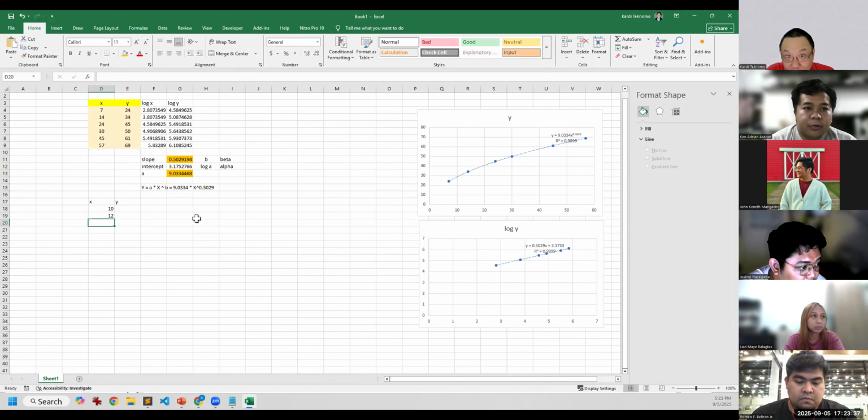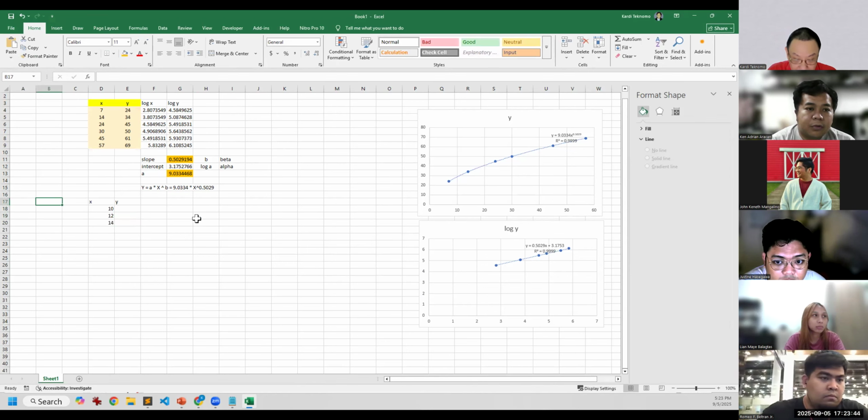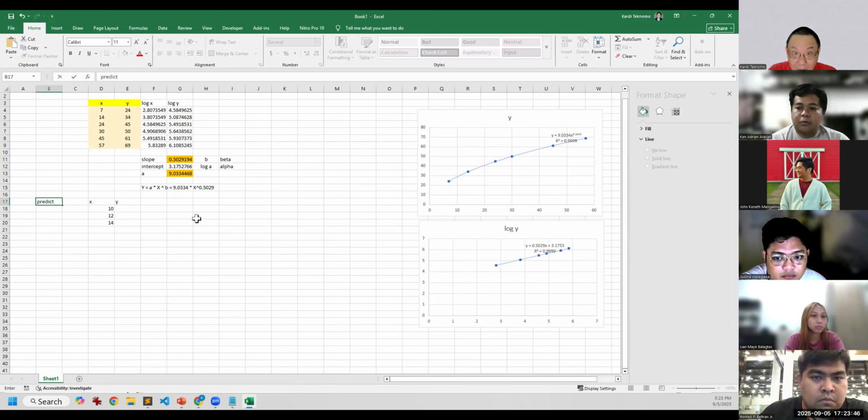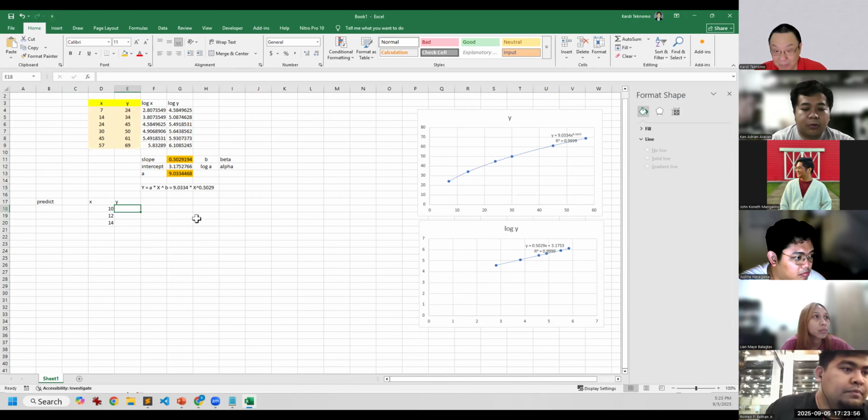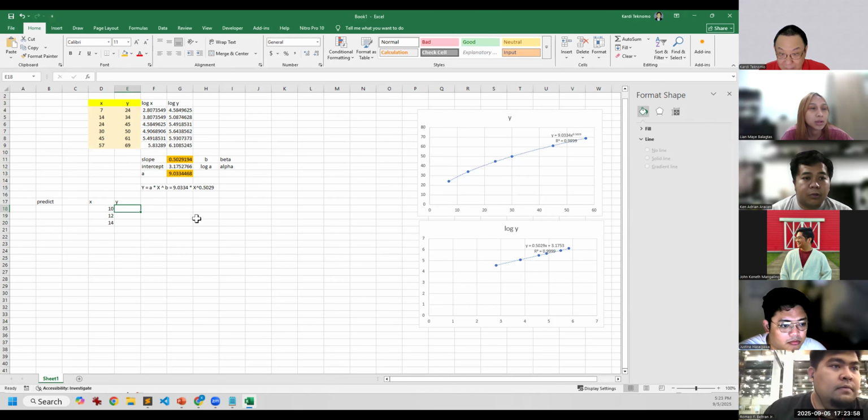Let's try 14, which is already in the data. This is what we want to predict, so predict the value of Y. How do you predict this? Anyone knows? Substitute the value of X into the equation, sir.